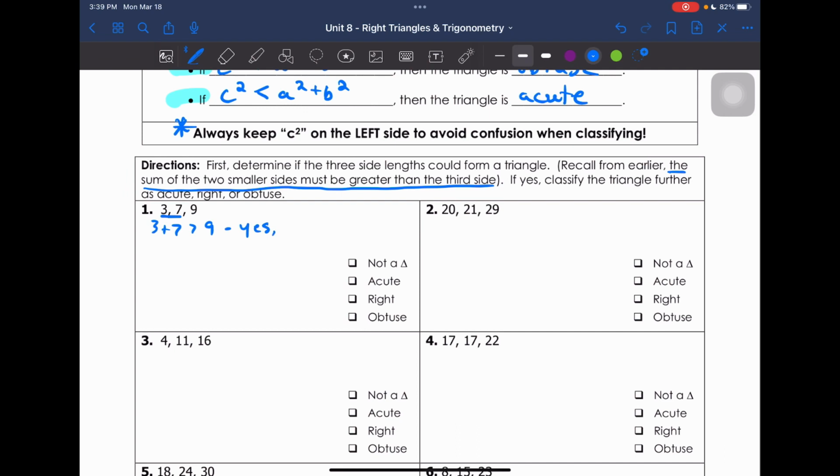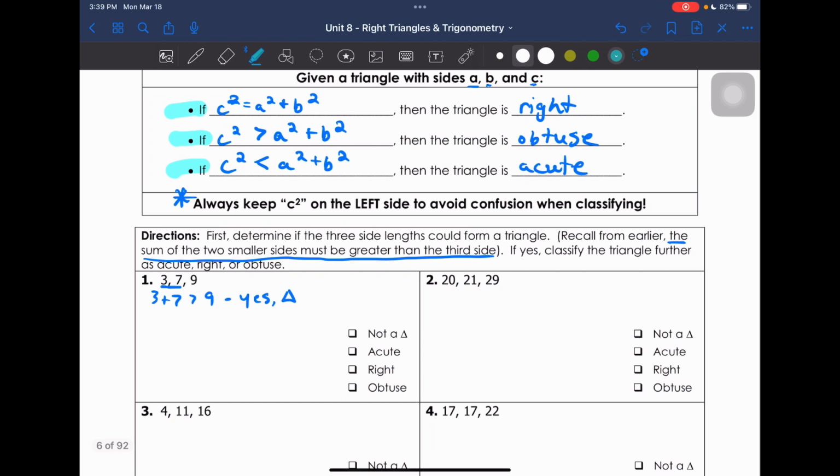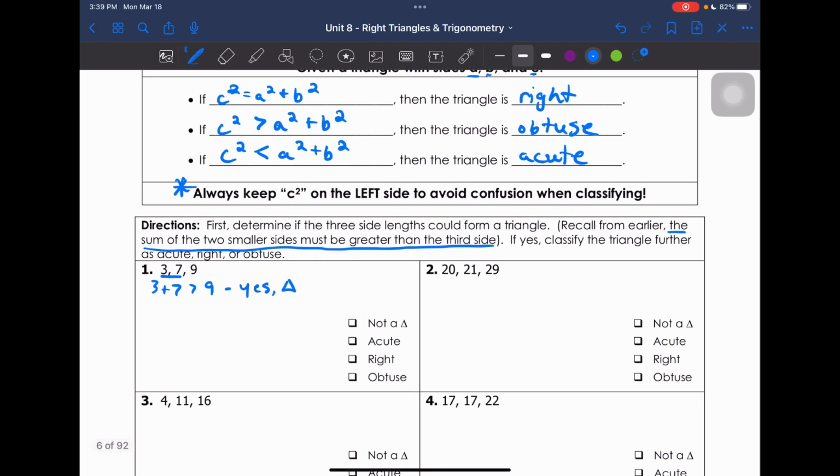So yes, we can form a triangle. And now what we're going to do is plug these numbers into the Pythagorean theorem. C squared is the biggest one, so 9 is our C.